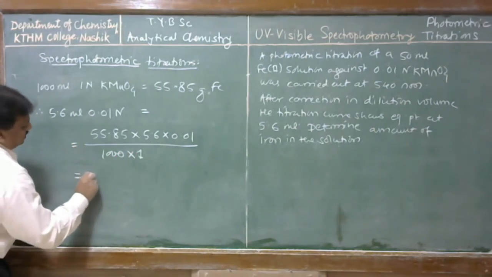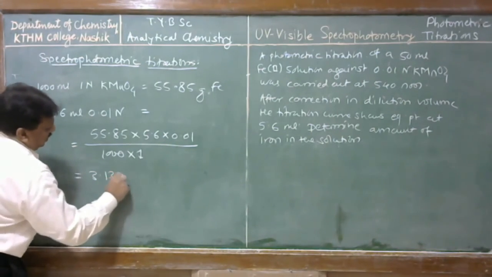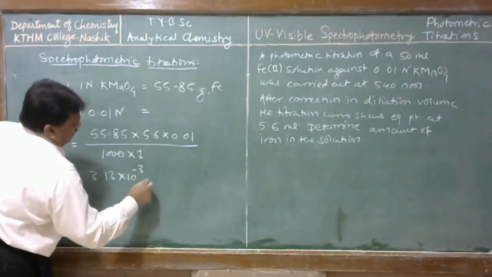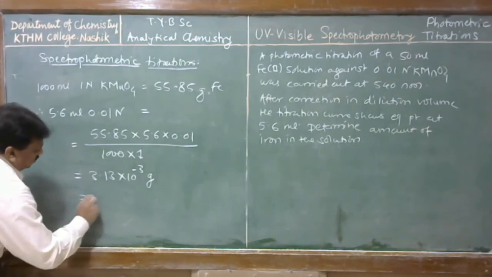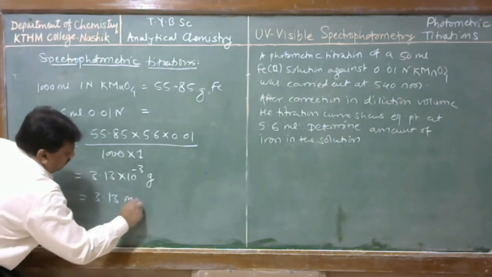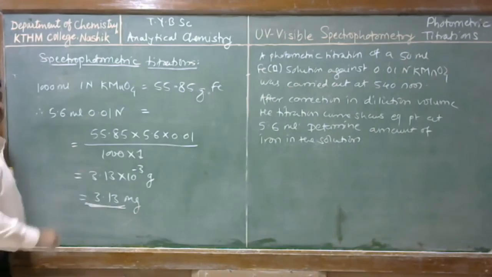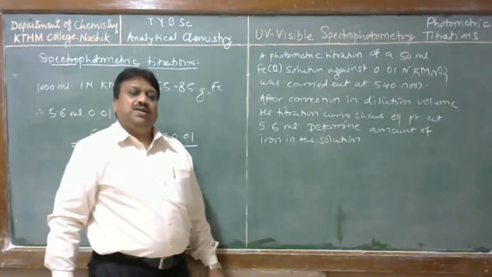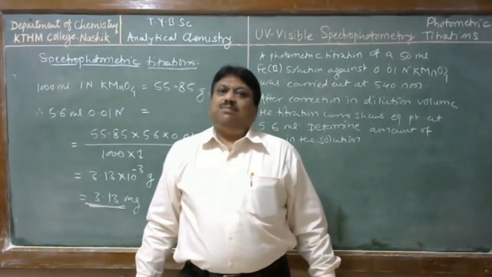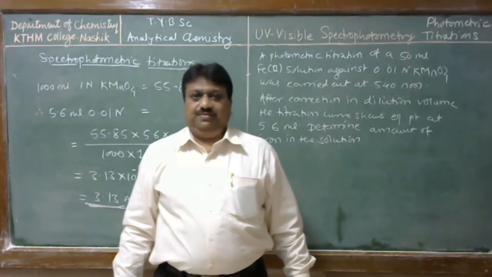When we calculate this will be 3.13 into 10 raised to minus 3 gram, and that is equal to 3.13 milligram. That means this much low concentration of analyte can be determined by means of photometric titration.